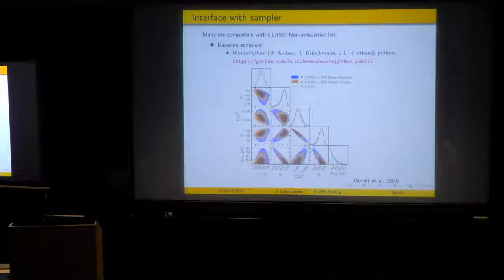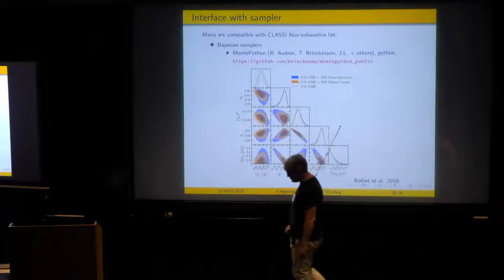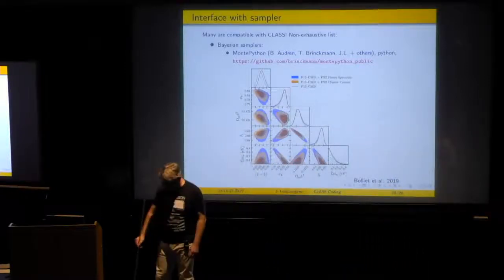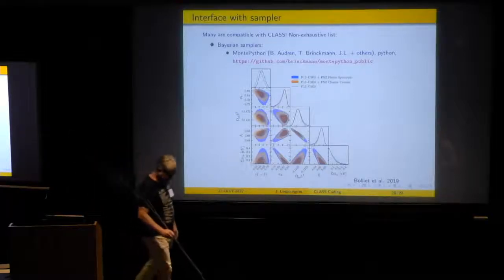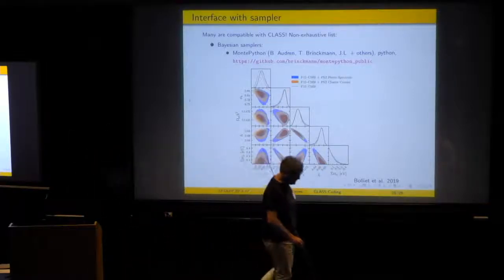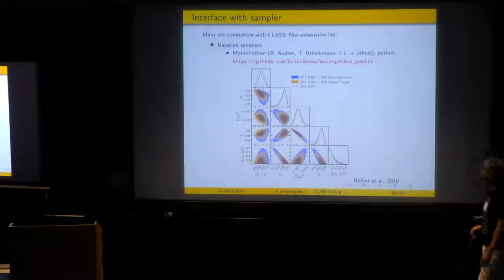Okay, so it does essentially the same as Cosmo MC. Actually, it has more functionalities. I can comment briefly on the differences. In Cosmo MC, you have to use a version of the Metropolis hastings algorithm always.